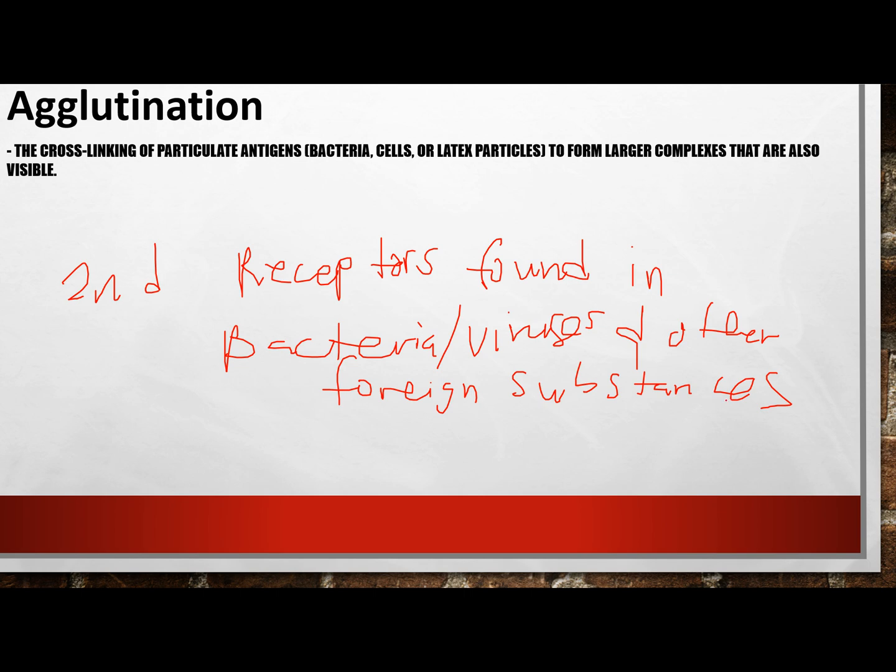Antigens are sometimes defined as receptors found in bacteria, viruses, and other substances. So, agglutination is the cross-linking of a particulate antigen to form larger complexes that are also visible. From the word particulate antigen, there's the noun particle. And examples of a particle antigen, as mentioned earlier, are bacteria, cells, and even latex particles. So do remember the two important definitions of antigen.